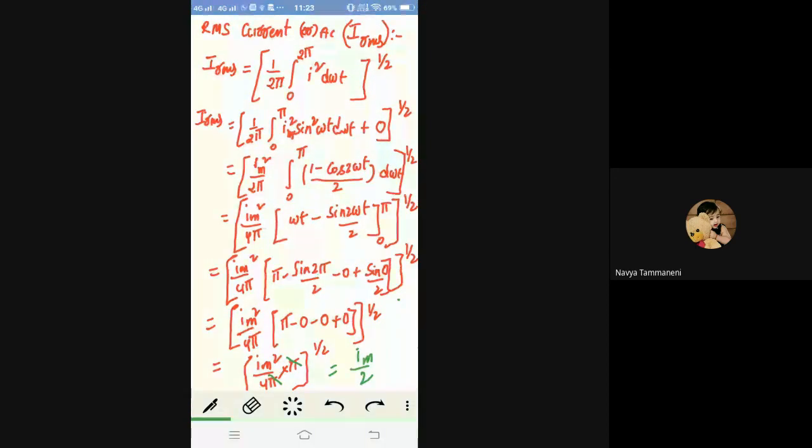Now, how will we find the AC voltage or RMS voltage? Vm by 2 into Rf plus RL into RL.